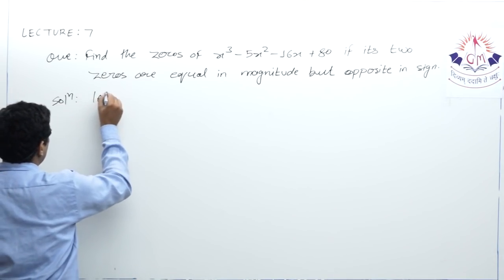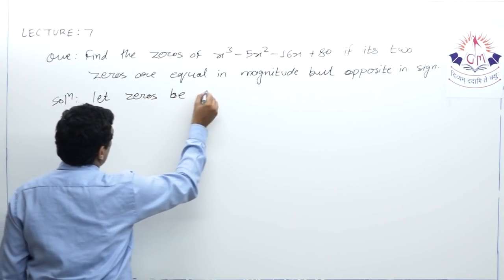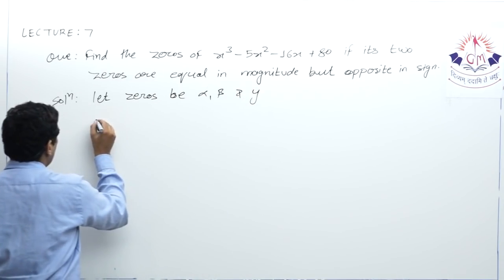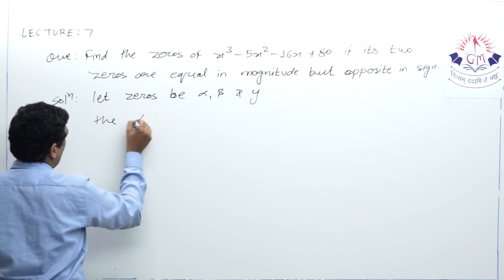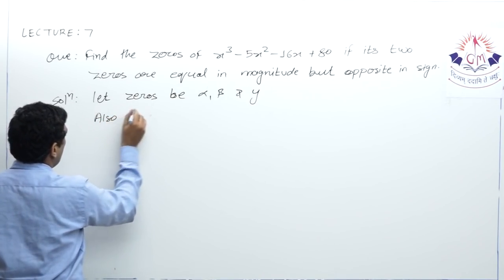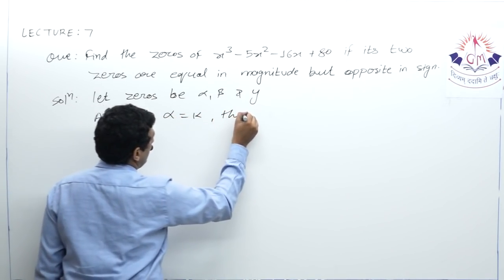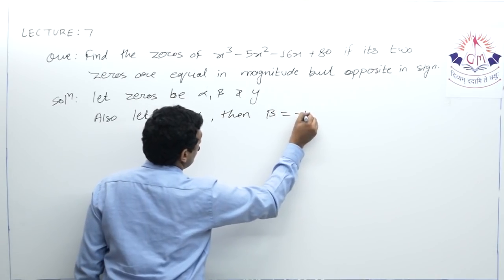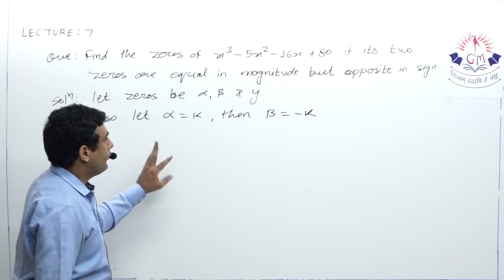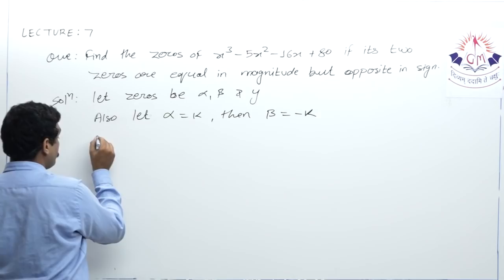So let the zeros be alpha, beta and gamma. Then let alpha equal to k, then beta is equal to minus k.